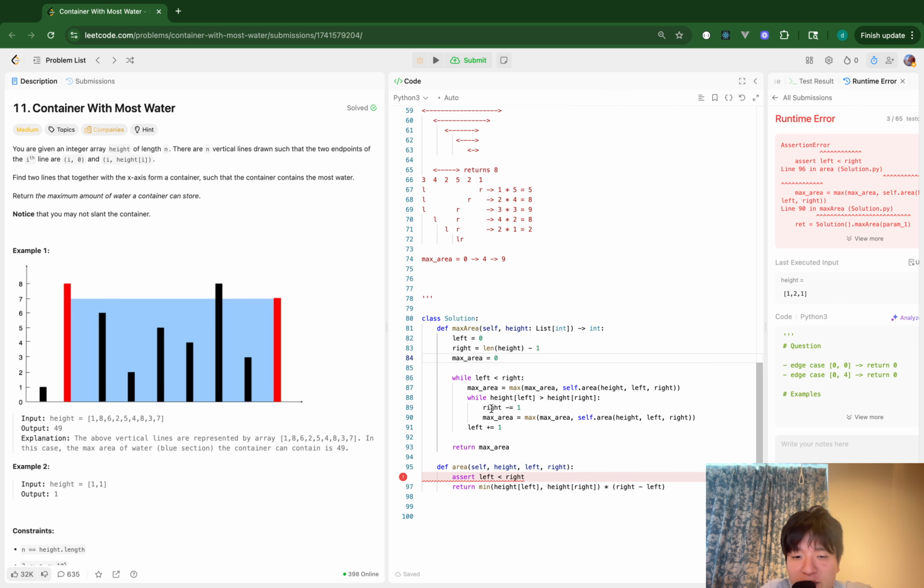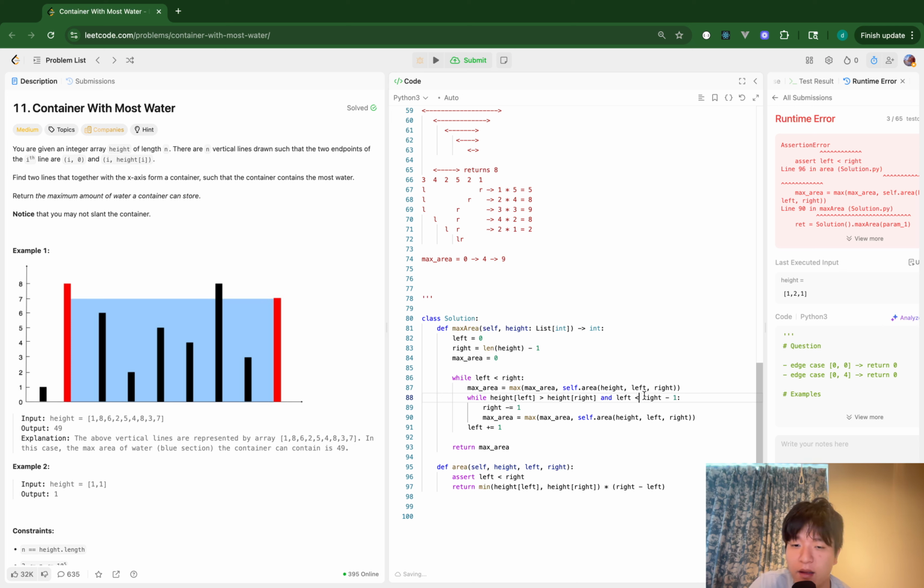Okay. One thing I have to take care of is I have to finish the iteration when I move this right pointer. So I have to make sure right minus 1 is larger than left.